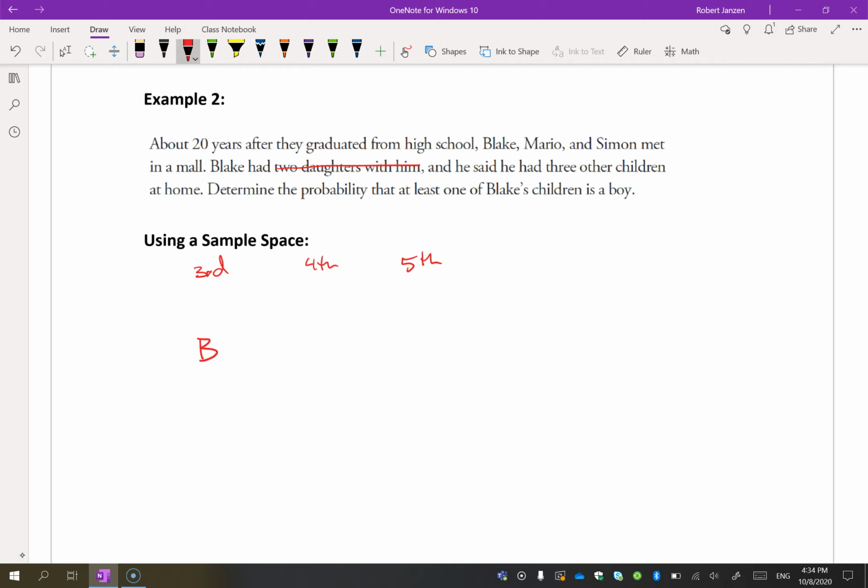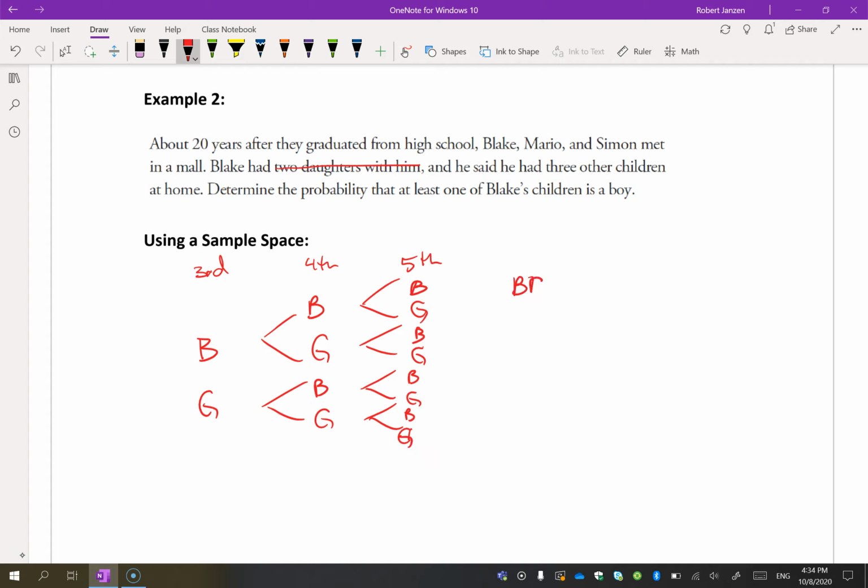And we've already done this if we want to decide what could happen. So at home could be 3 boys, could be 2 boys and a girl, could be boy, girl, boy, boy, boy, girl, girl, girl, boy, boy, girl, boy, girl, girl, girl, boy, and girl, girl, girl. That's what could happen at home.